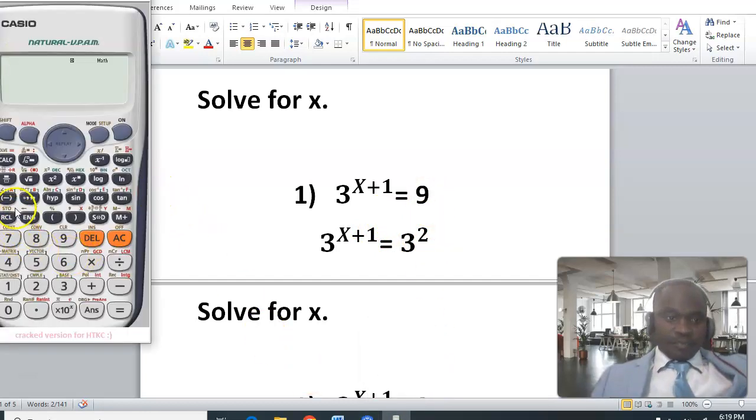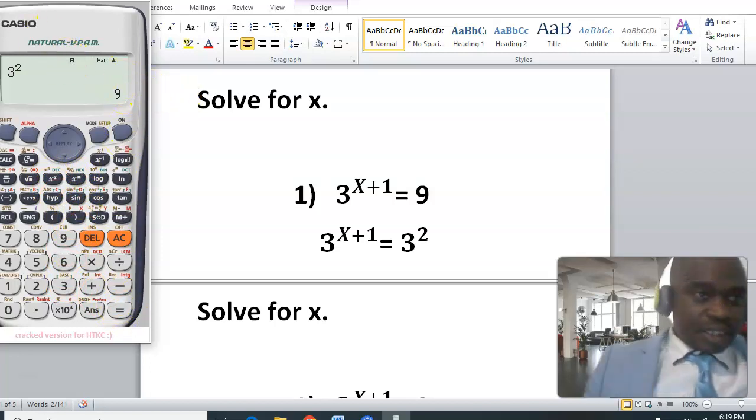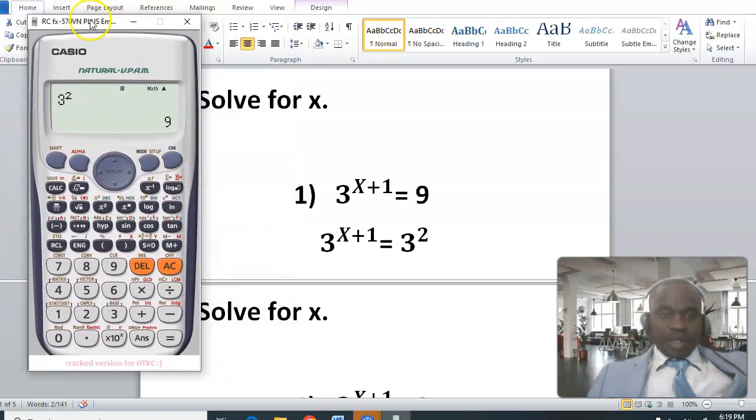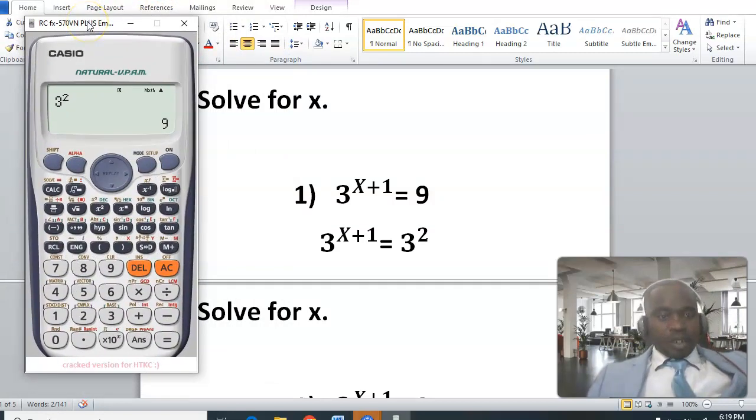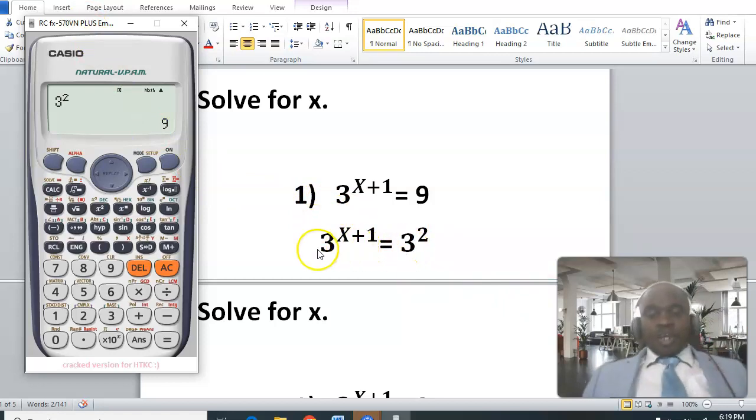How do you get it? 3 squared is this one, and it gives us what? 9. Now I'm bringing the calculator to the model here so that you can all see. So we have changed this to the same base, 3.